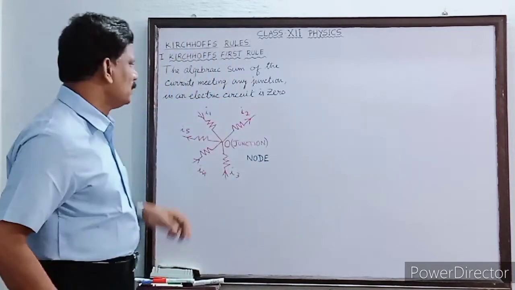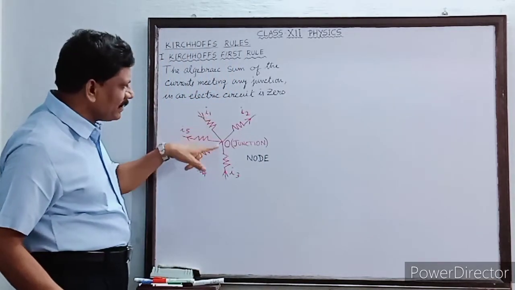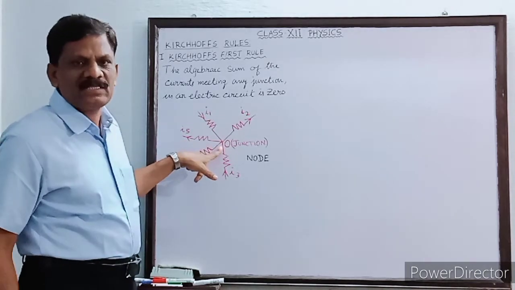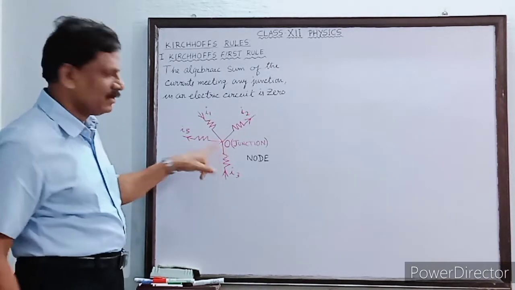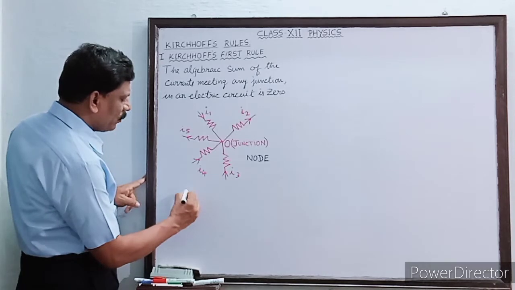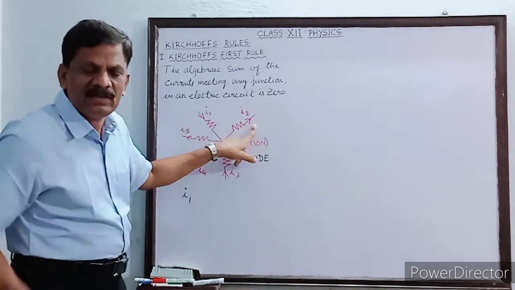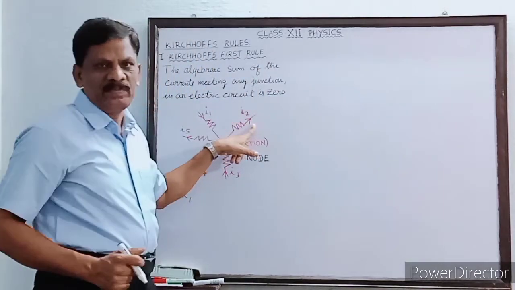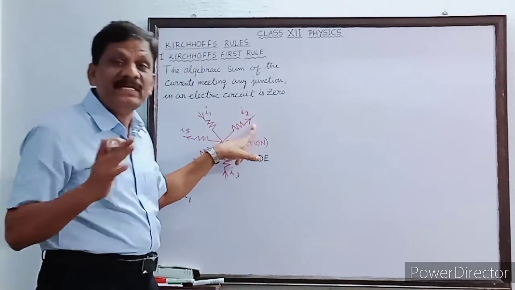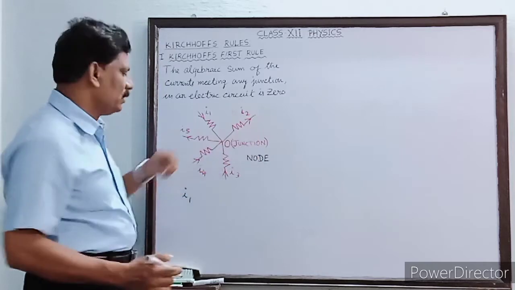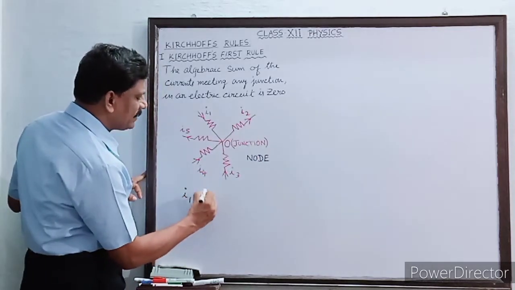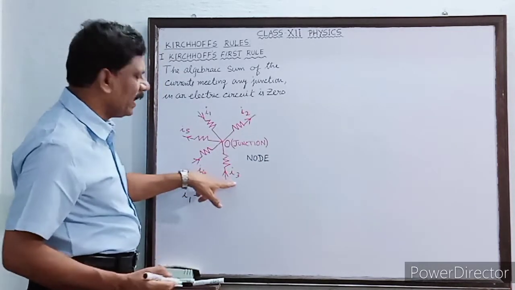You tell me now, I1 ampere is passing towards the junction. So I1 is positive. So I will write I1. Then what about I2? It is going away from O. It is leaving the junction. So it is considered to be negative. So I will write this is minus I2. Then what about I3?